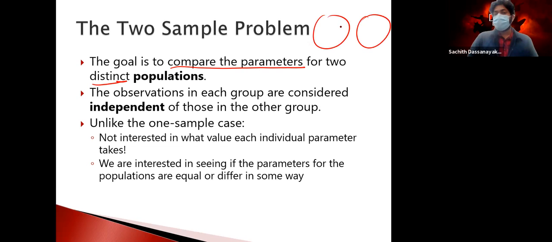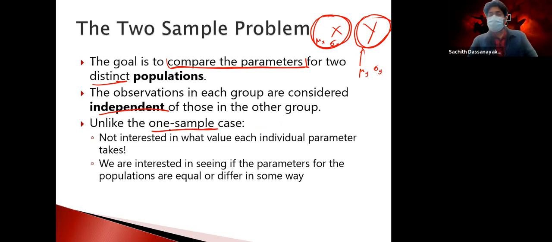This is capital X, this is capital Y. These are two different populations, with parameters mu X, sigma X here, and mu Y, sigma Y here. Their means and standard deviations are different, but we need to compare their parameters. Observations are independent. As I mentioned, this population has nothing to do with this population. You will have a clear picture in the next few slides.